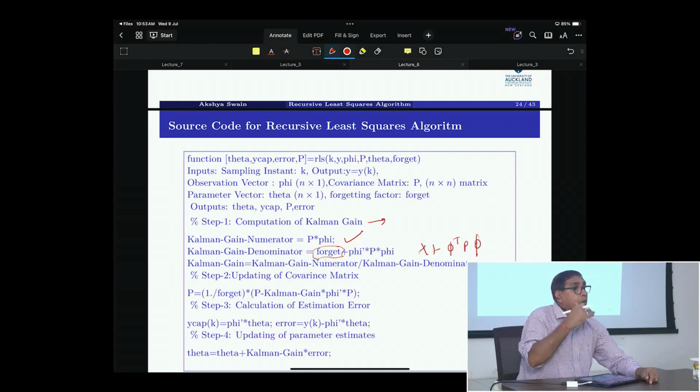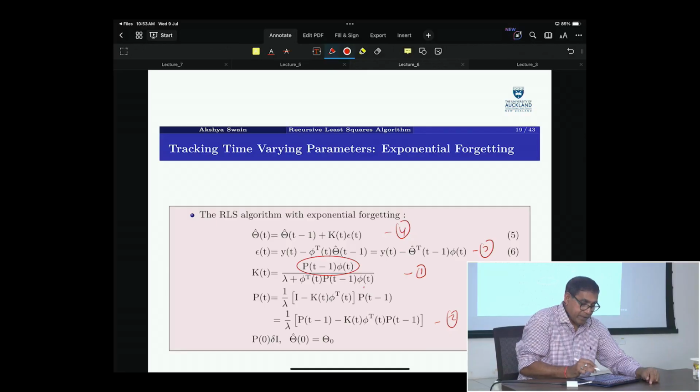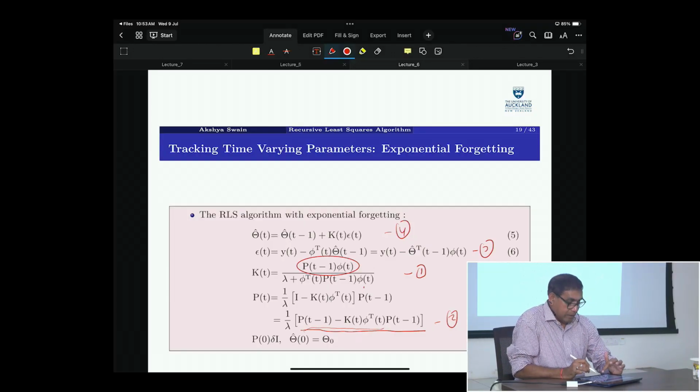Then the covariance matrix update. P is equal to 1 by lambda, P minus Kalman gain into phi transpose into P. You see here? See, 1 by lambda, P minus Kalman gain phi transpose into P. See this equation? This equation is P equal to 1 by lambda into P minus Kalman gain into phi transpose into P, right?